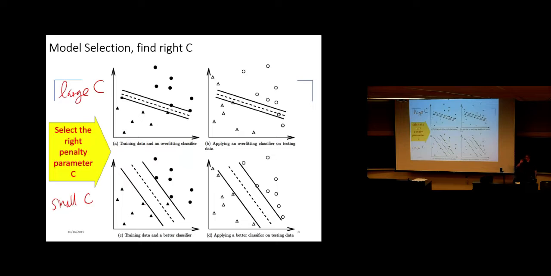So let's look at this example. This example only shows you the linear case. In the linear case, in fact, you can find a margin without allowing noise at all. So this is the training case. The upper is training with a large C. Large C means penalize error a lot.